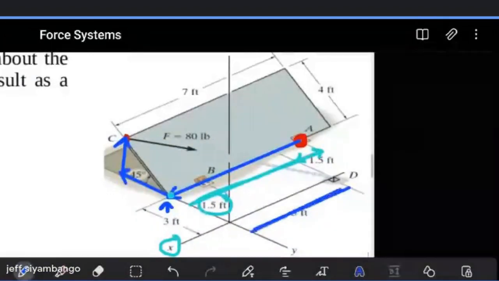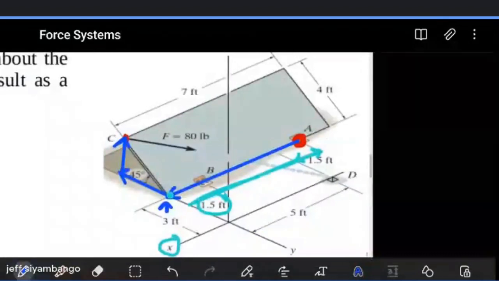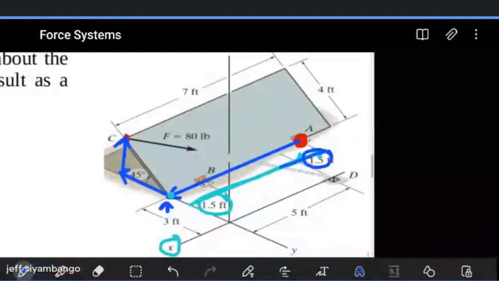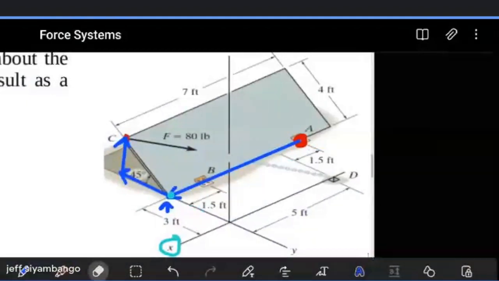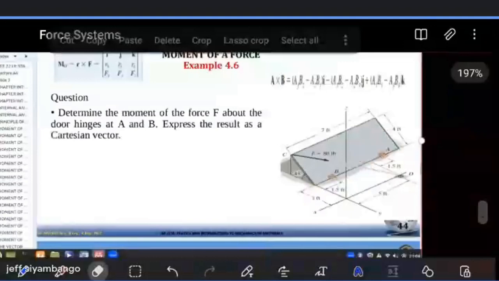So all you have to do is include this 1.5 here, so that now you have a distance all the way from here up to this part. So along the x-axis, you have to cover 5 feet plus the 1.5.